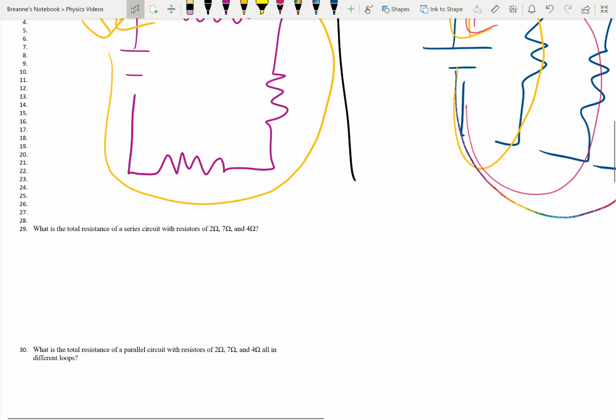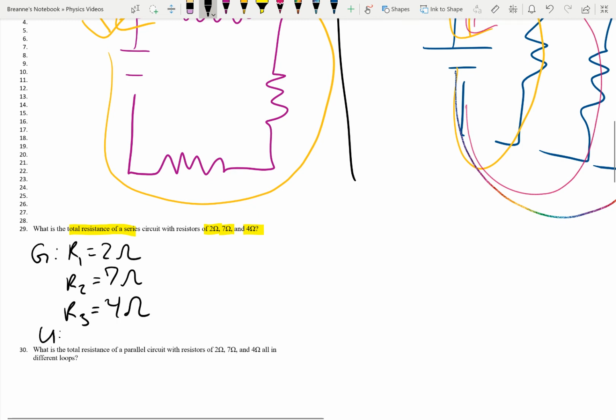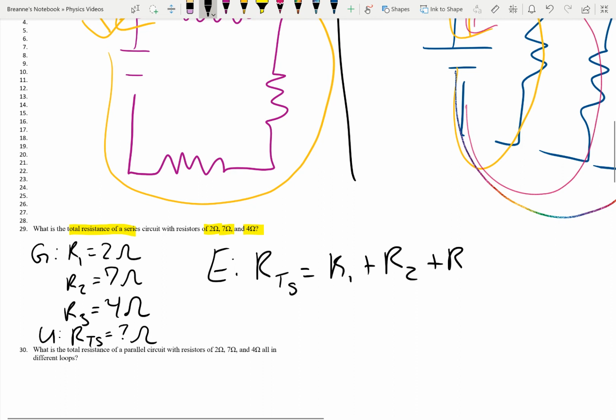What is the total resistance of a series if we have resistors 2 ohms, 7 ohms, and 4 ohms? So if we're doing the GUESS method, R1 would be 2 ohms, R2 would be 7 ohms, R3 would be 4 ohms, and R unknown is your total resistance in a series circuit. So our equation would be, you just add them up. R1 plus R2 plus R3.